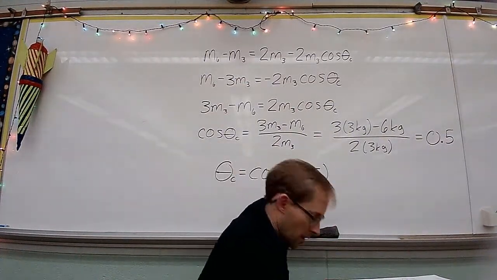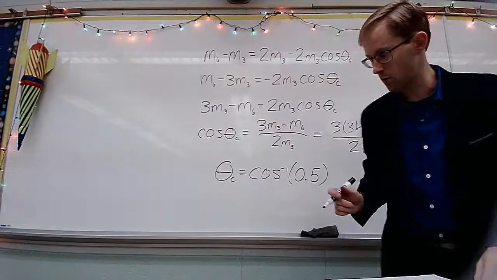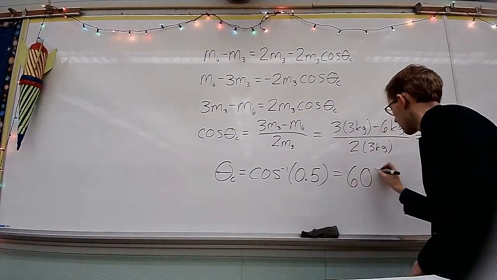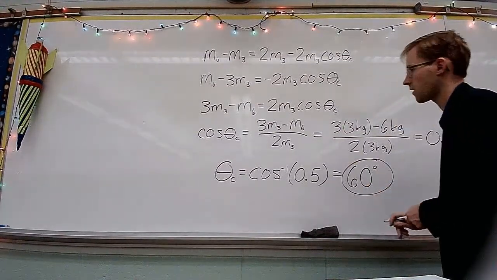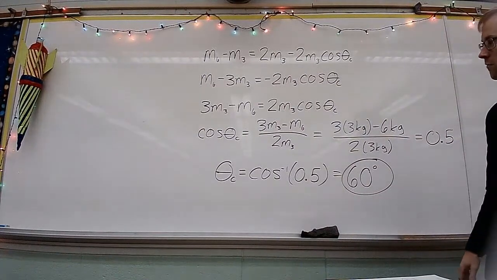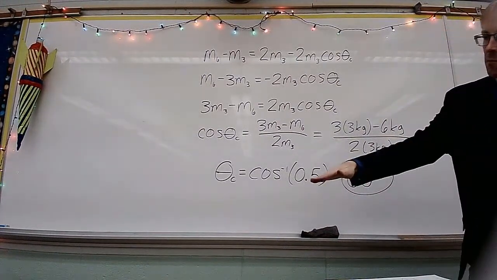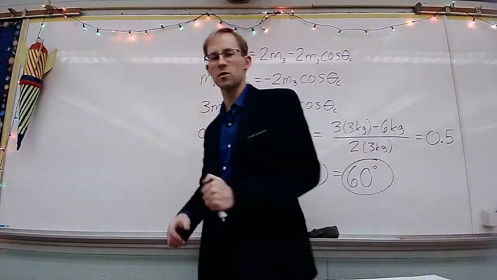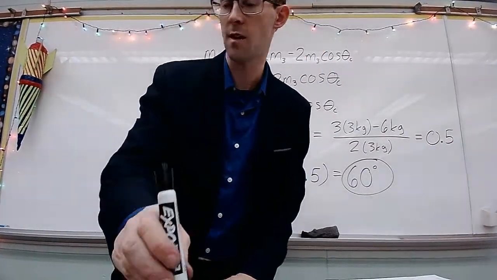And if your calculator is properly in degree mode, and you do this correctly, you'll get 60 degrees. That is the angle at which we must release mass number 3 from, so that when it reaches the bottom of its path, it's just barely lifting mass number 6 off of the table.